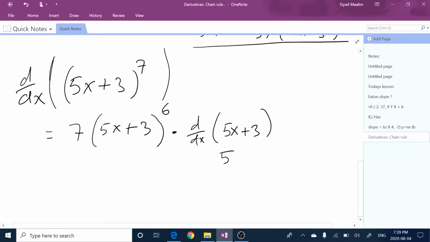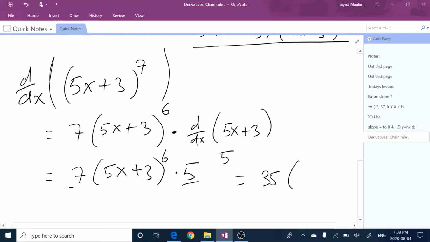So what I have here is 7, whatever is inside the bracket, 5x plus 3, the power has already been reduced, times 5. So you can multiply this 5 with 7, which will give you 35 times 5x plus 3 to the power of 6. So this will be your final answer.